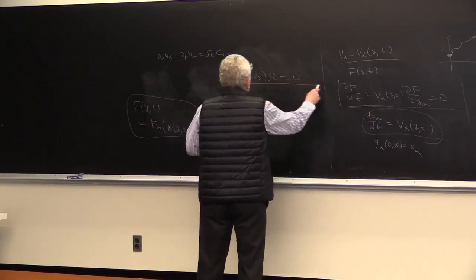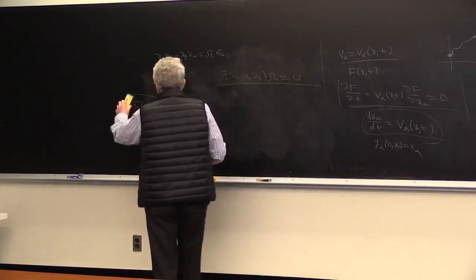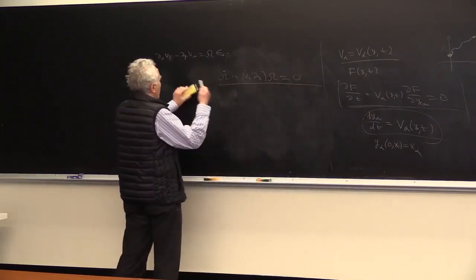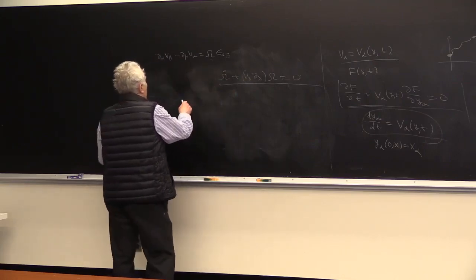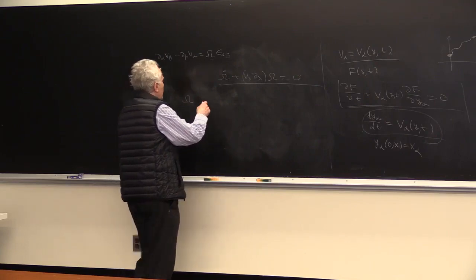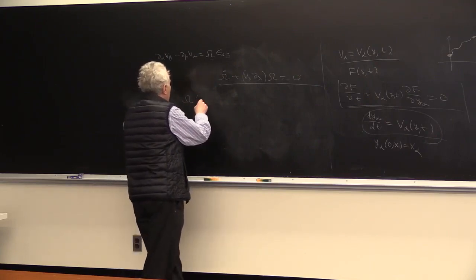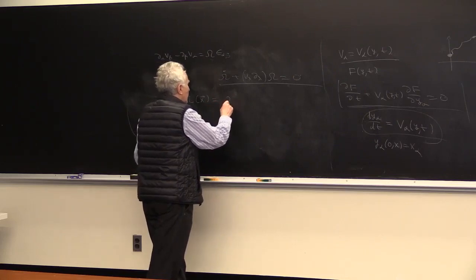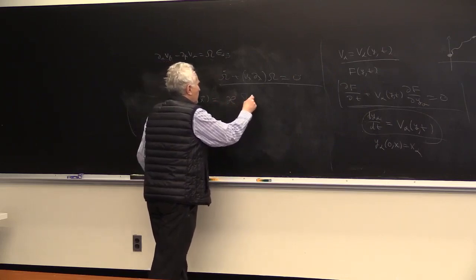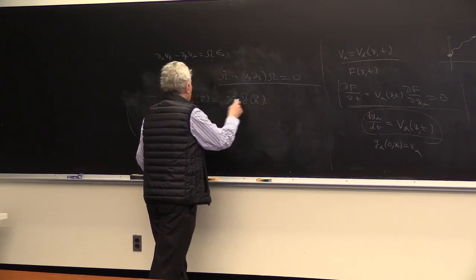Now let's find some simple solution of this equation, of the flow with the vortex. You can always set omega of x to be kappa multiplied by the delta of x.